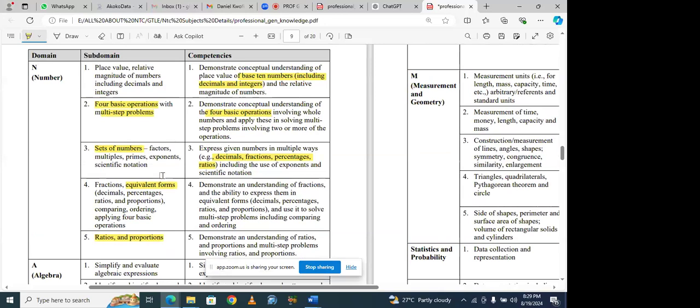We will try to extend to look at sets of numbers where we have factors of various numbers, multiples of the numbers, prime numbers, exponents. We then try to look at fractions, comparing them to decimals, percentages, ratio, and proportion, ordering of fractions, etc. Then finally, we'll be looking at ratio and proportion.